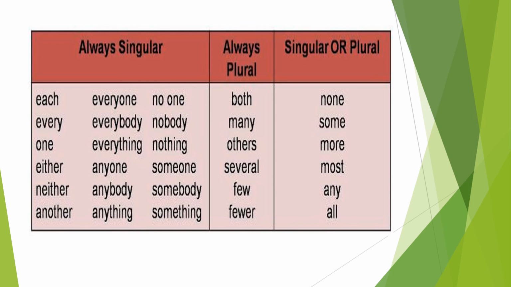So these are always plural, and the form of the verb must be plural. For the other group, the form of the verb must be singular, the third person. And here we have some indefinite pronouns which can be used in singular or plural according to the context: none, some, more, most, any, and all. So it depends on the context and the idea in order to use singular or plural.